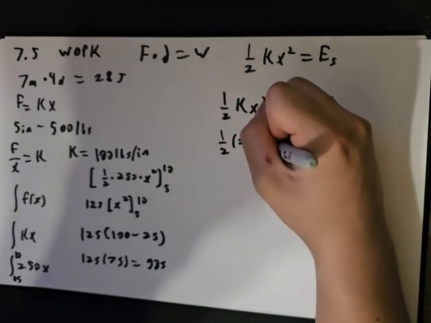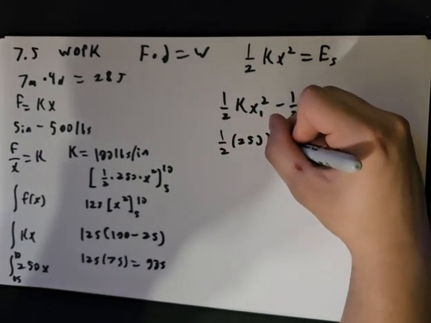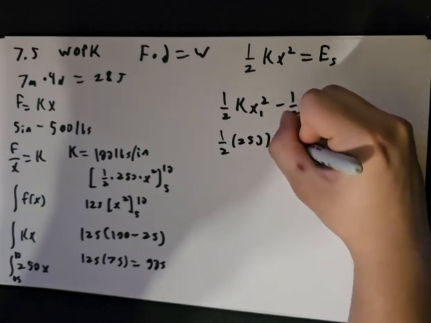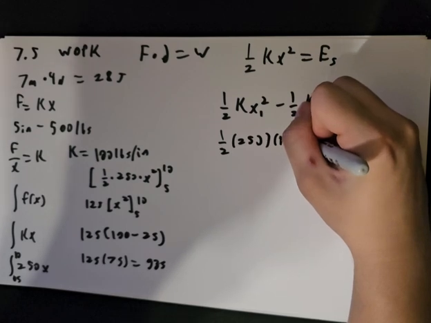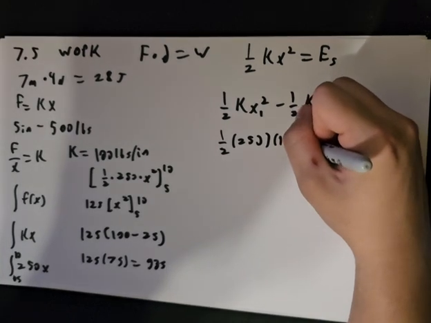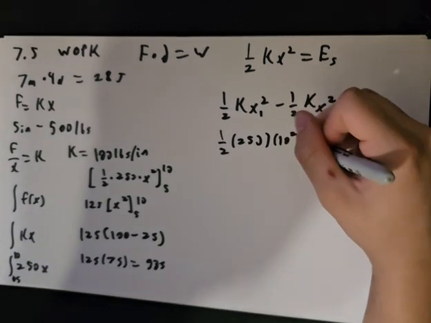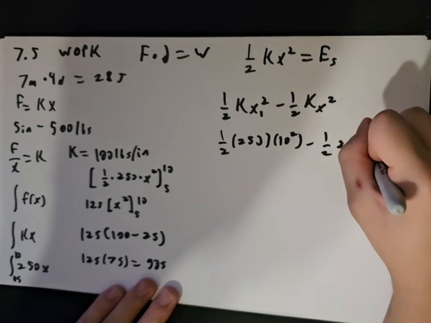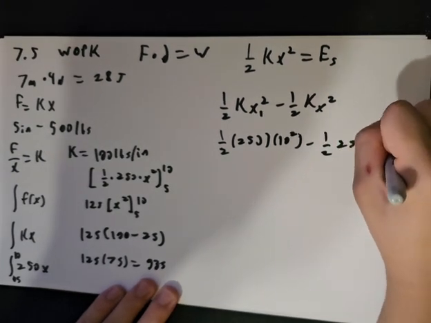So 1/2 times 250 times 10 squared, minus 1/2 times 250 times 5 squared.